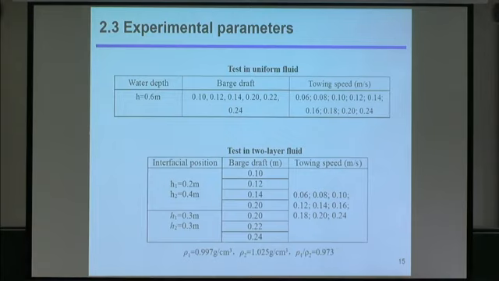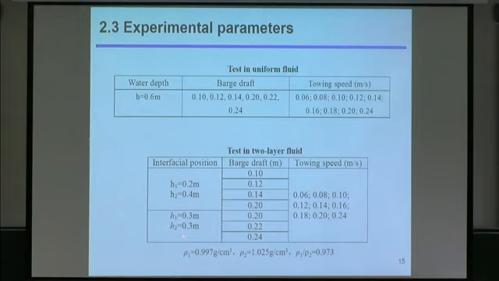Corresponding to the two-layer fluid, we consider two situations of internal interface positions. The first one is the upper layer H1 is 0.2, and the lower layer is 0.4. And the second one is the upper layer and the lower layer both 0.3 meters.